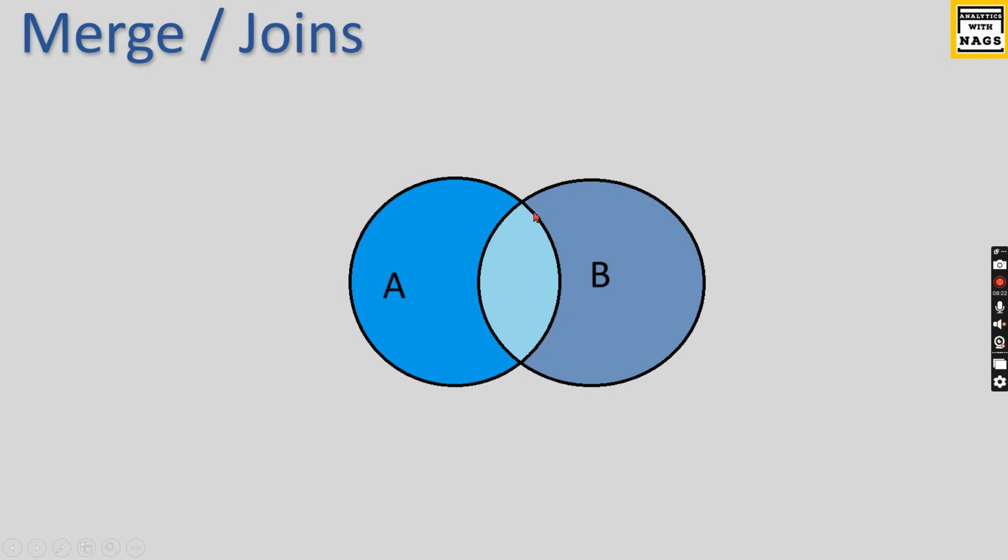An inner join, basically common across these two tables, is called inner join. On right join, you have all the records from the table B and matching records from table A. So this is the fundamentals of your joins.